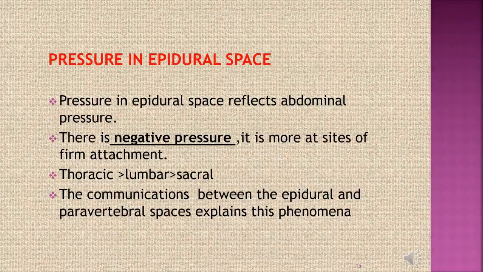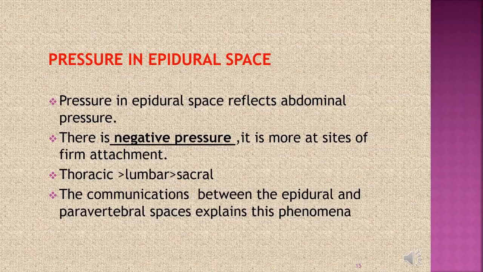We all know that there is a pressure in the epidural space, but it is a negative pressure, and it is more at the sites of firm attachment. The communications between the epidural and the paravertebral spaces explain this phenomenon of negative pressure. It reflects the abdominal pressure.